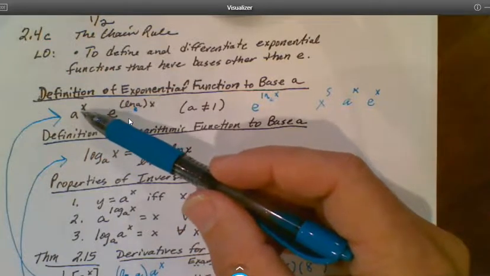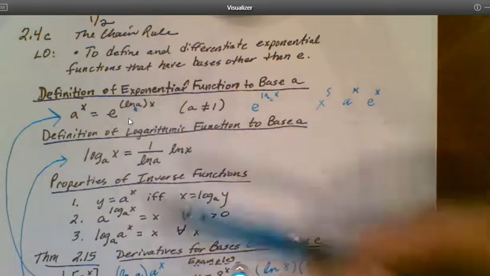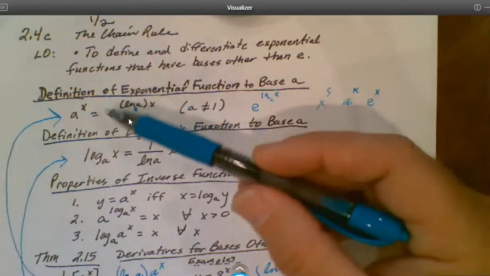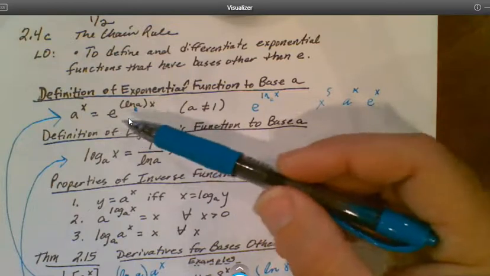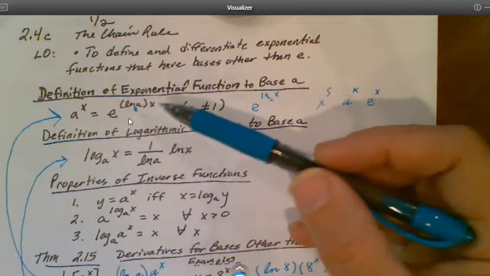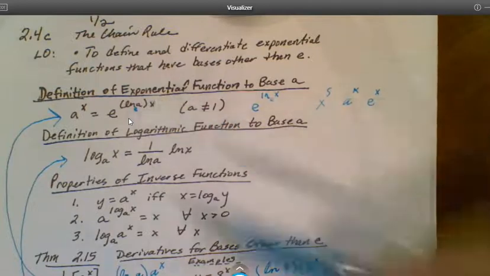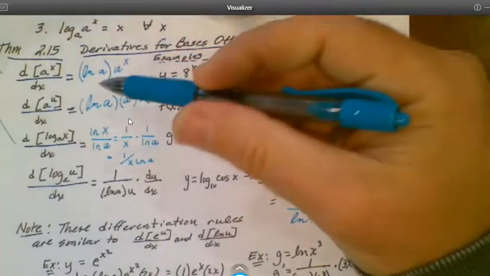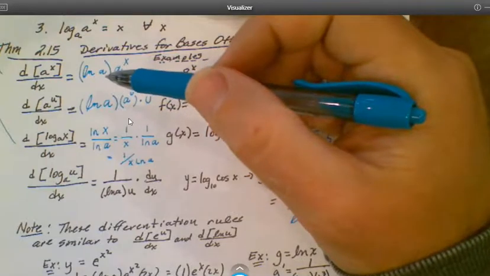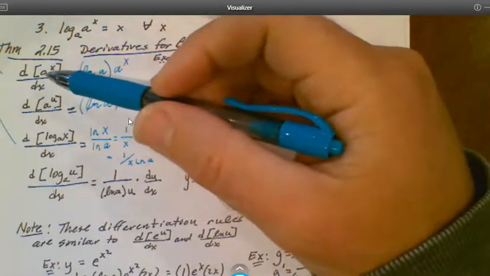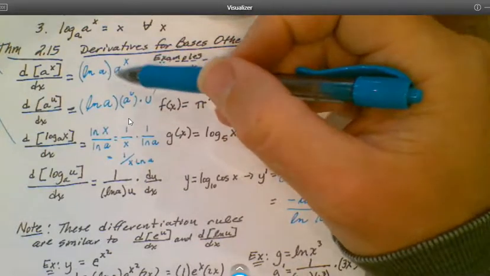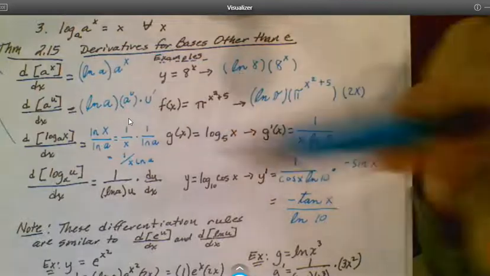So a to the x can be written in this form, and that's going to allow us to take a derivative on that, right? Because the derivative of e to the anything is e to that item times the derivative of the interior function, and that's where this first rule comes into play. That looks like this one right here. And so when you take the derivative of a to the x, it becomes the natural log of a times a to the x. Okay, and so that's going to be our first rule right here.